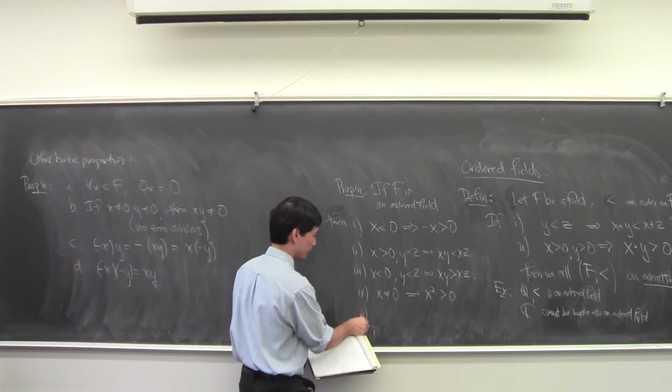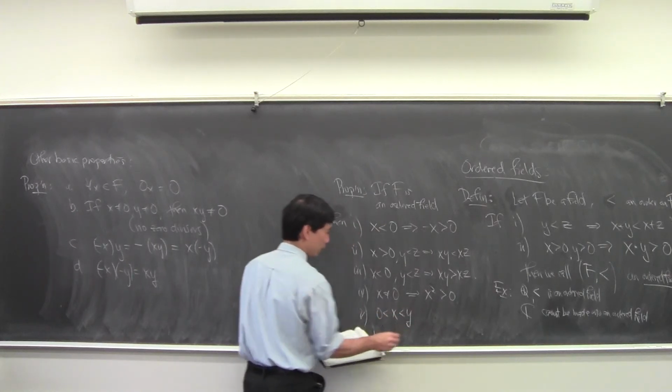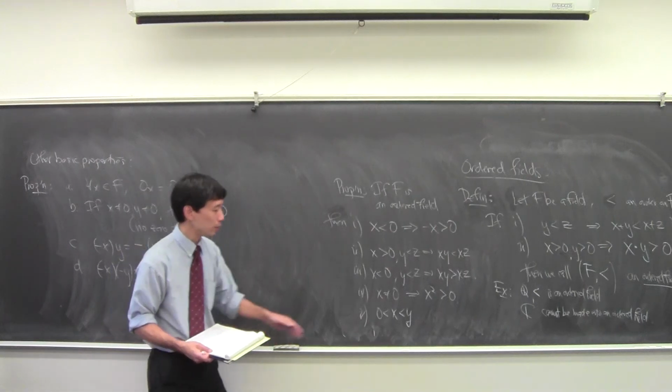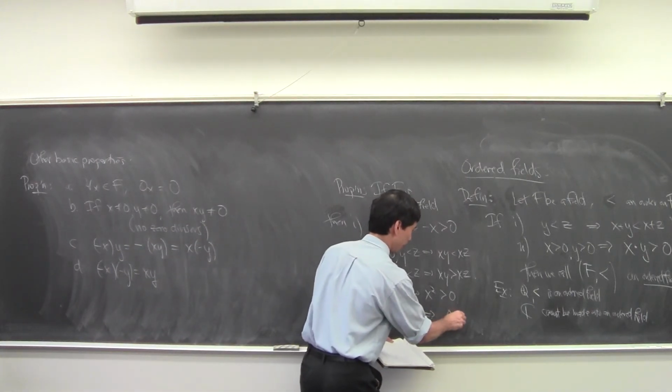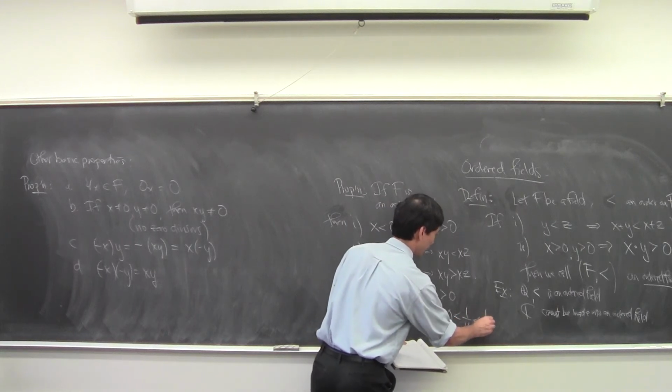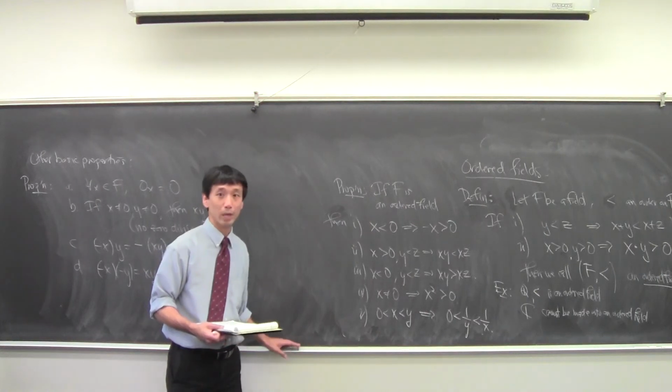And the last one is: if x is less than y and they're both positive, then 1 over x is bigger than 1 over y.